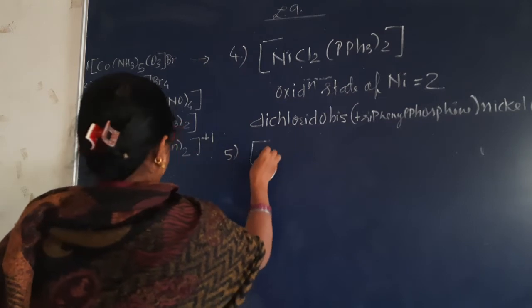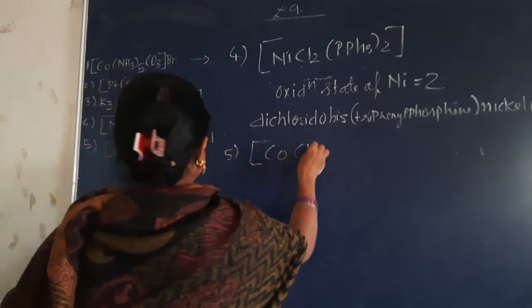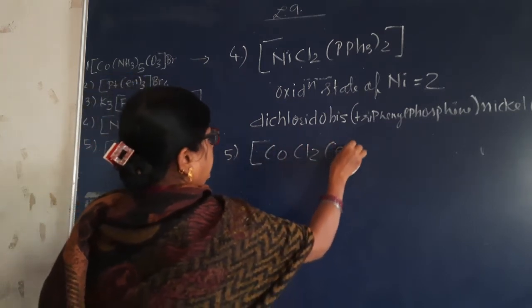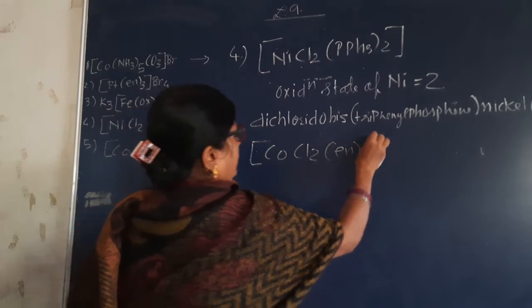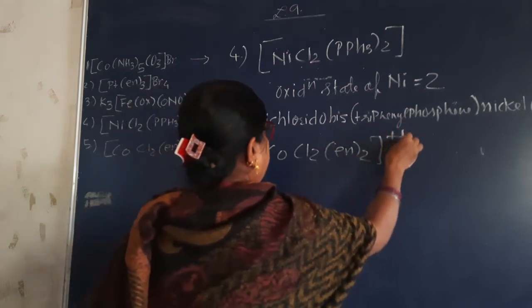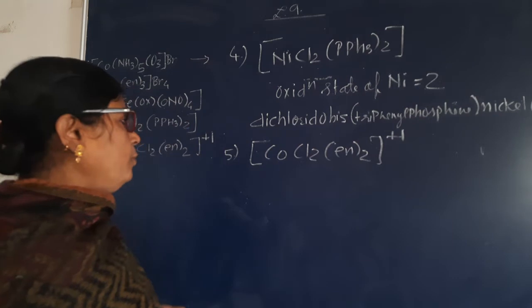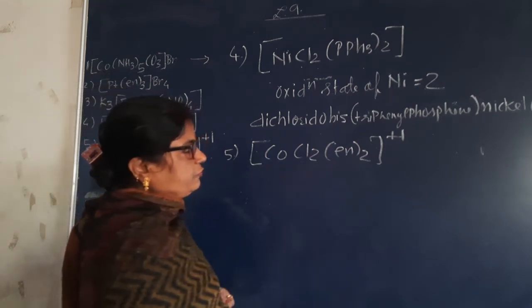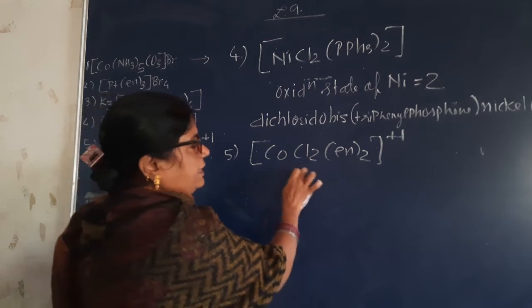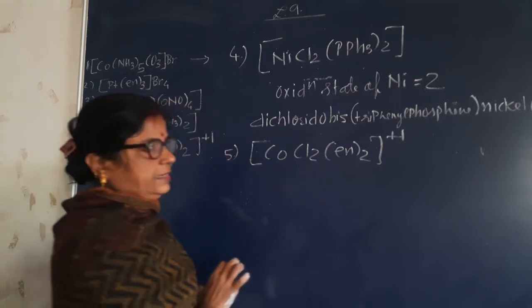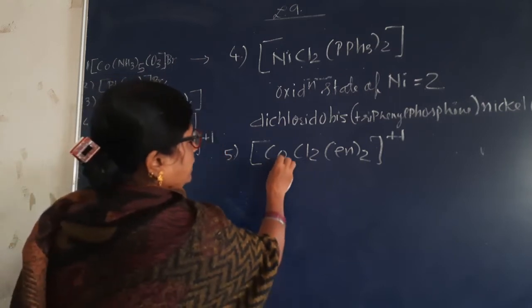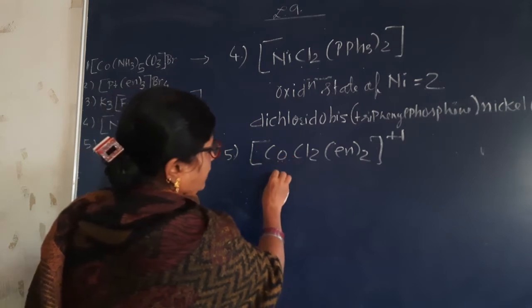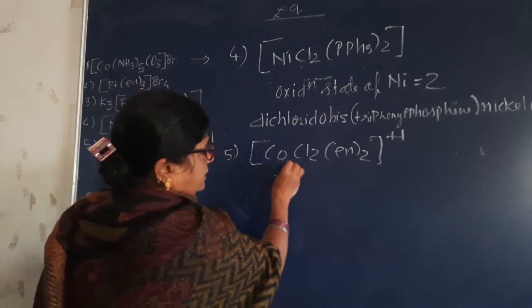[Co Cl2 (en)2]+1. Let me find out the oxidation state of cobalt here. En means ethane-1,2-diamine, so it is a neutral ligand. So which ligand has charge here? Cl. Cl is -1. Let the oxidation state of cobalt be x.